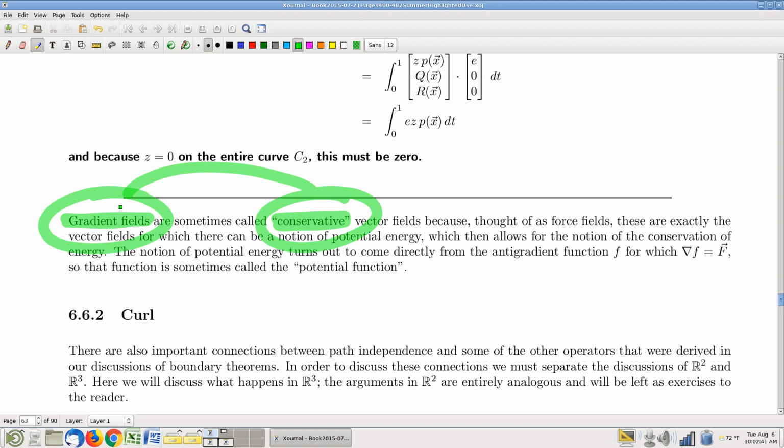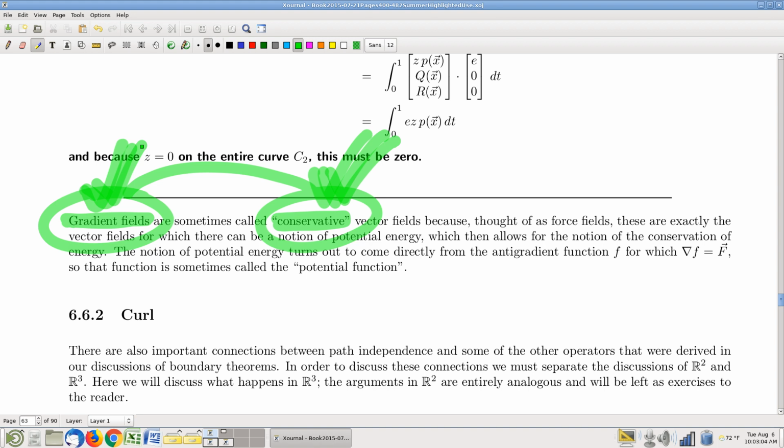But anyway, if in your engineering classes, in your physics classes, even in your chemistry classes, depending, you're going to hear this word conservative a lot. And so you should just realize, going forward, when they say conservative, they mean that it's a vector field that is a gradient, namely it's a vector field that is path independent.